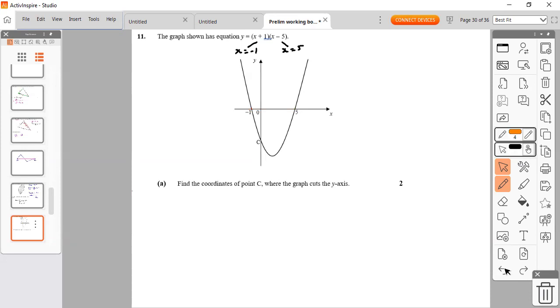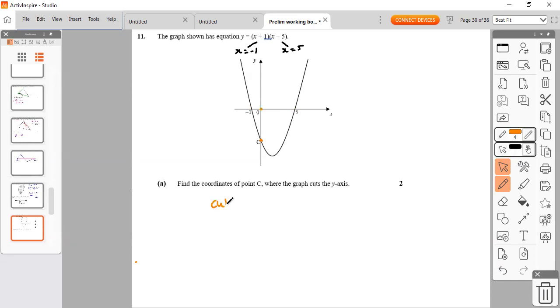Now let's see what it's actually asking you. Find the coordinates of C where it cuts the y-axis. So it cuts the y-axis here, and we're looking for that coordinate. Now, when does that happen? Well, that happens when x is equal to 0.